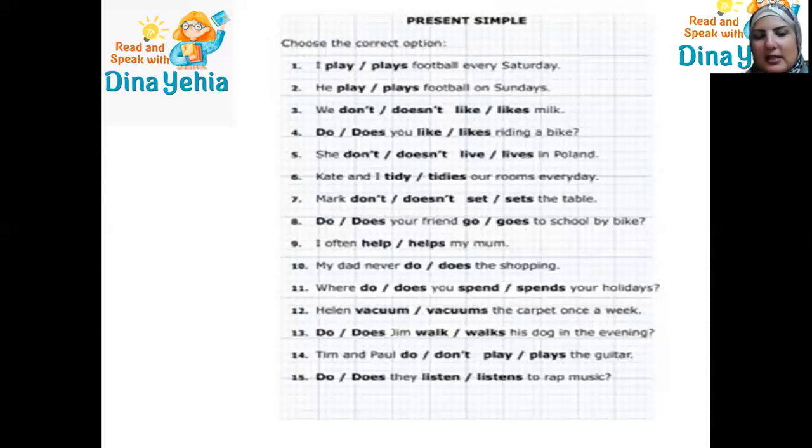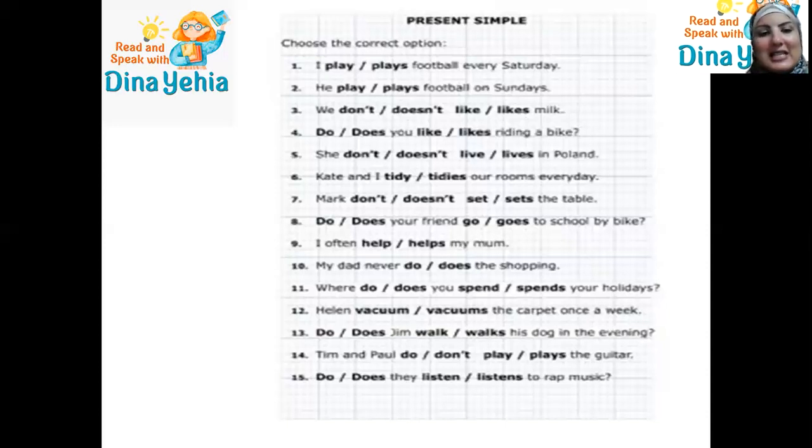Kate and I tidy or tidies our room every day. Kate and I. If I want to remove Kate and I, which pronoun shall I put here? They or we?